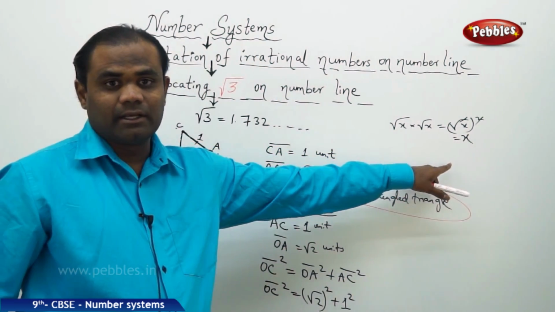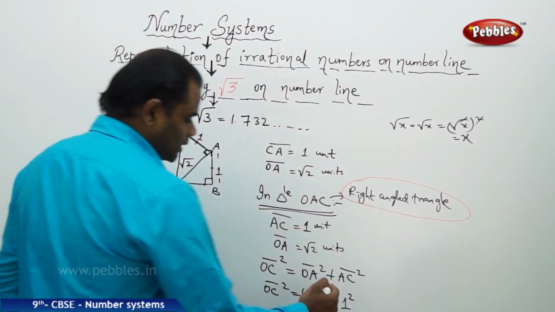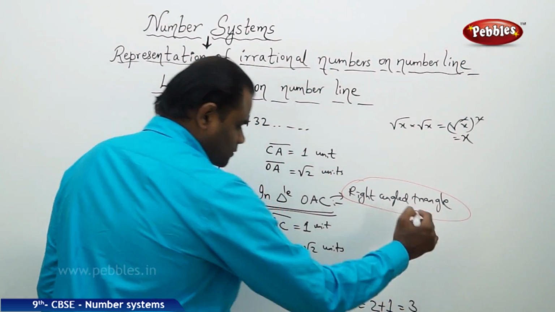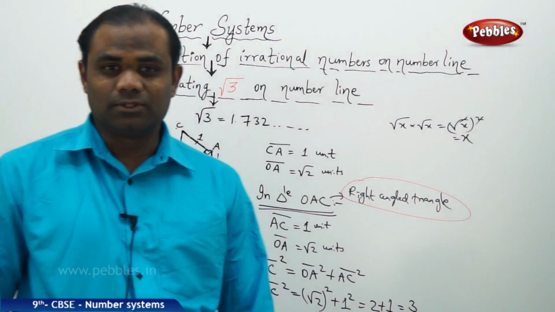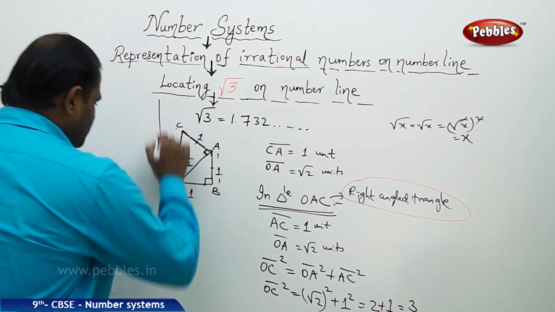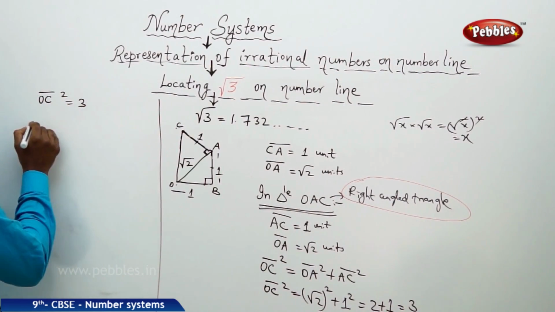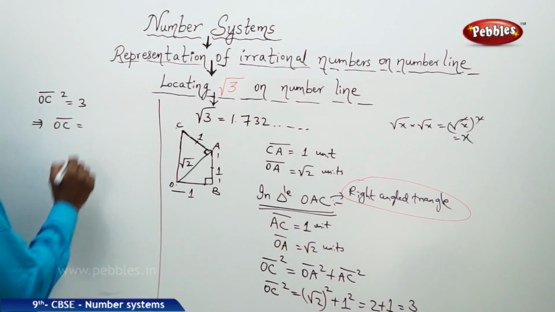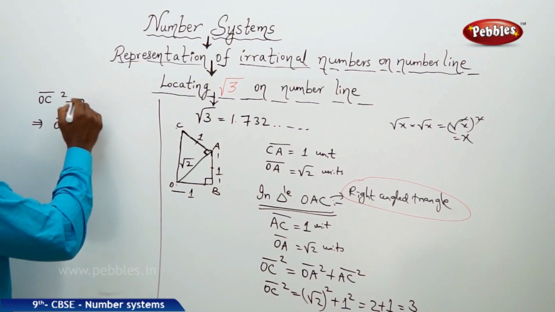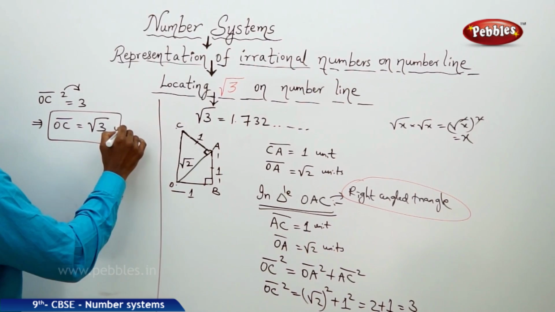Similarly, √2 whole square is 2, and 1 square is 1, which is finally 2 plus 1, and that is equal to 3. So OC square is 3. That implies my dimension OC is square root of 3, that is √3 units.